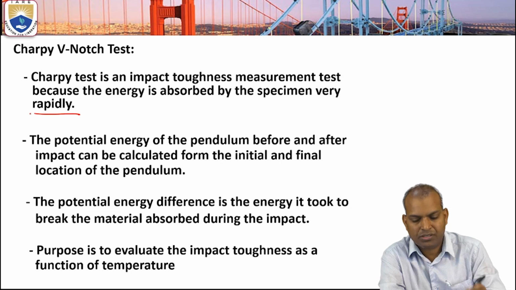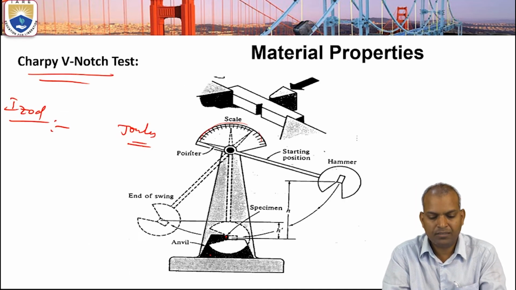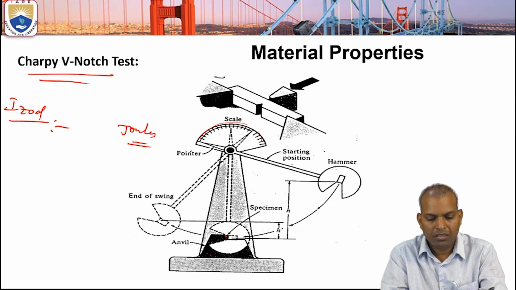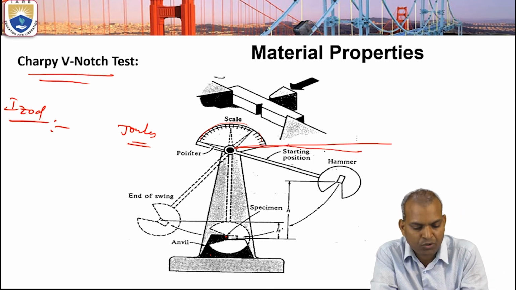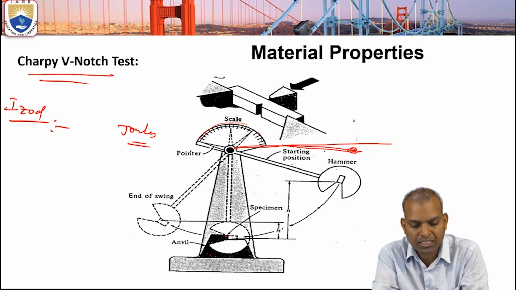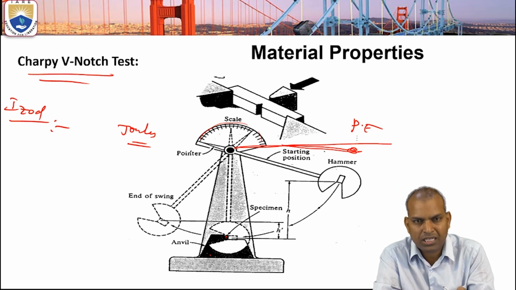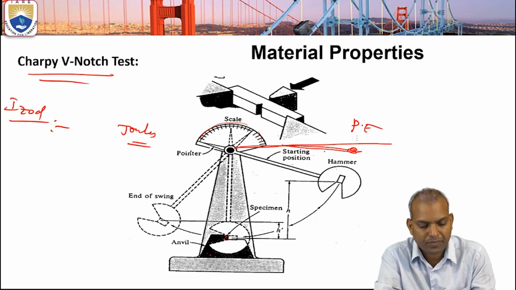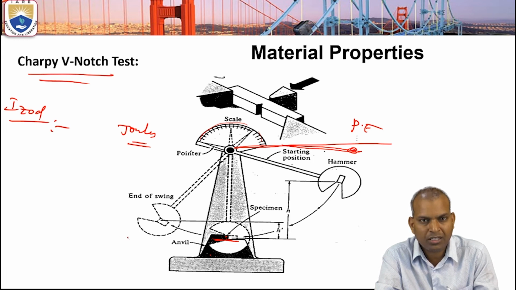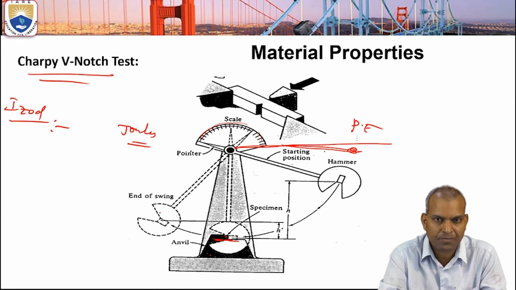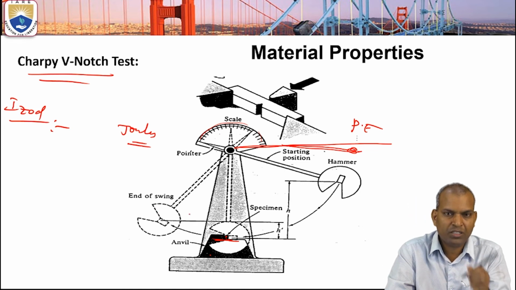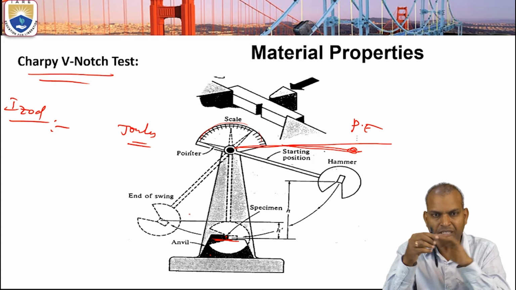When the hammer is at this position, before we release it, it has potential energy. When released, that potential energy is converted into kinetic energy, and the kinetic energy delivers the impact load. According to the law of conservation of energy, the potential energy is converted into kinetic energy, and again it comes back. Only one specimen, one hit.